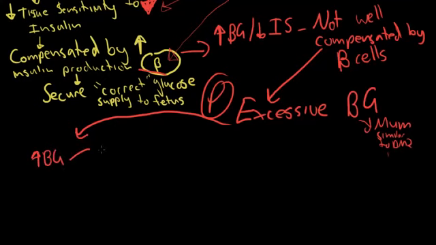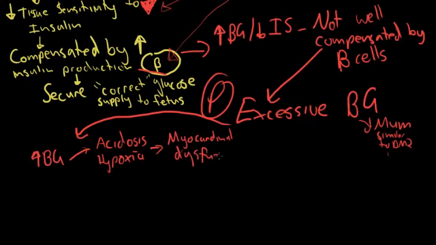Now the high blood glucose in itself can lead to acidosis, hypoxia, which in turn can cause myocardial dysfunction. Now, I don't think this actually happens that much, due to modern medicine and all that, but it's very, very much worth knowing and mentioning.